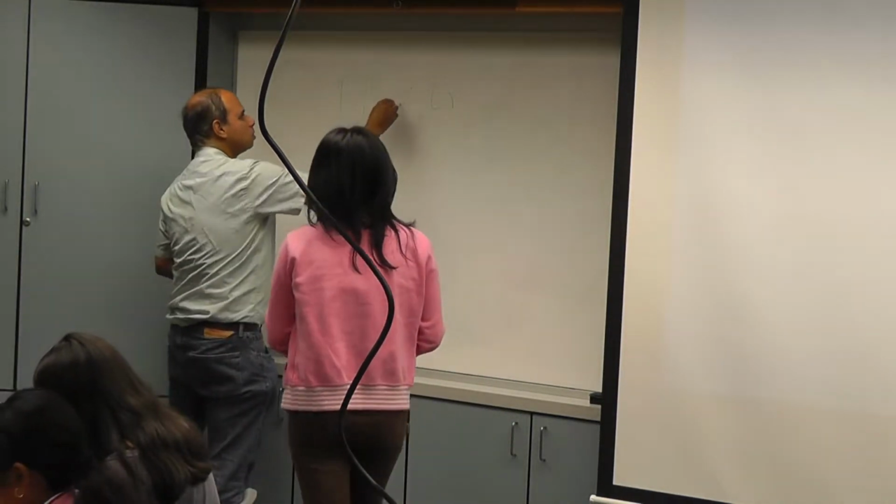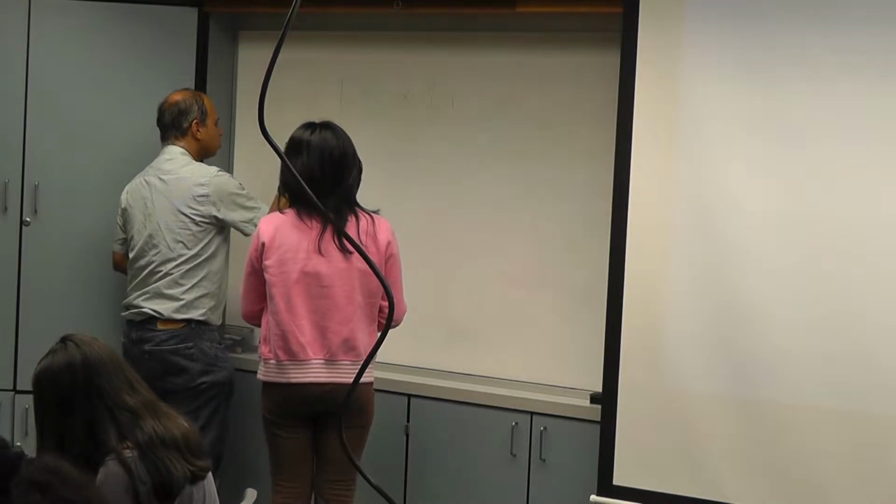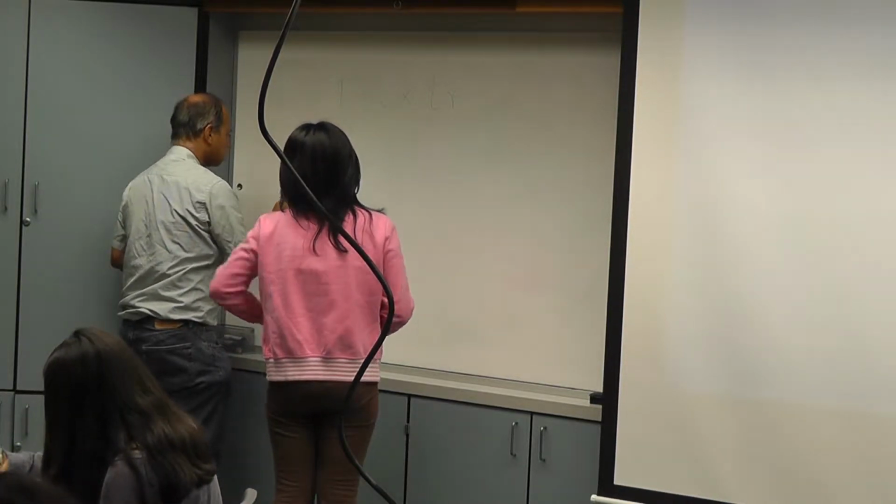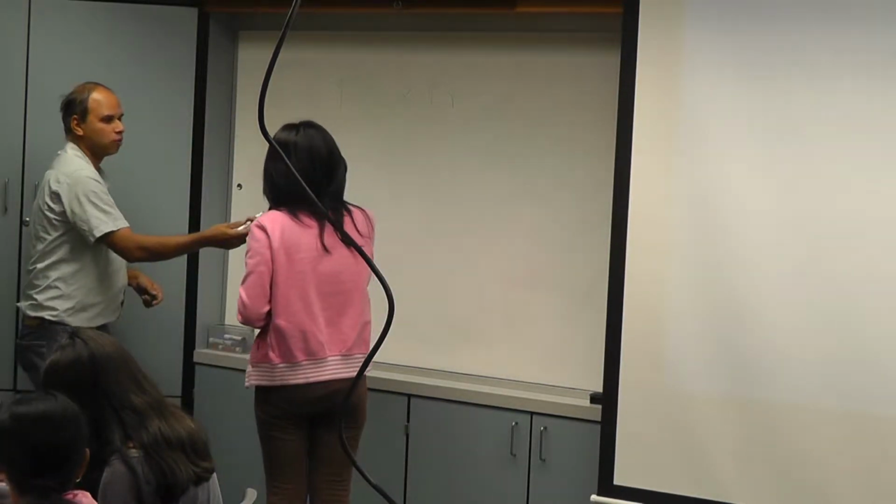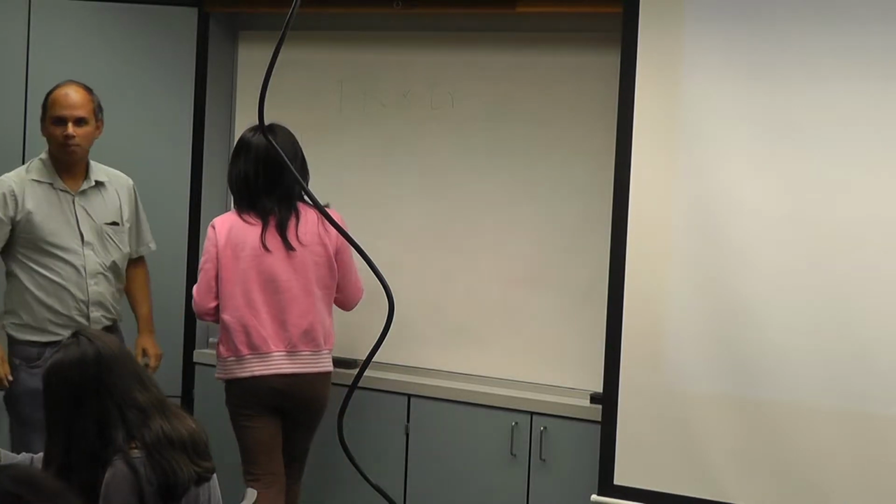Amy, you want to try? Why don't you give it a try? So tell me what happens in the first generation, and then for the second generation, draw the Punnett square.